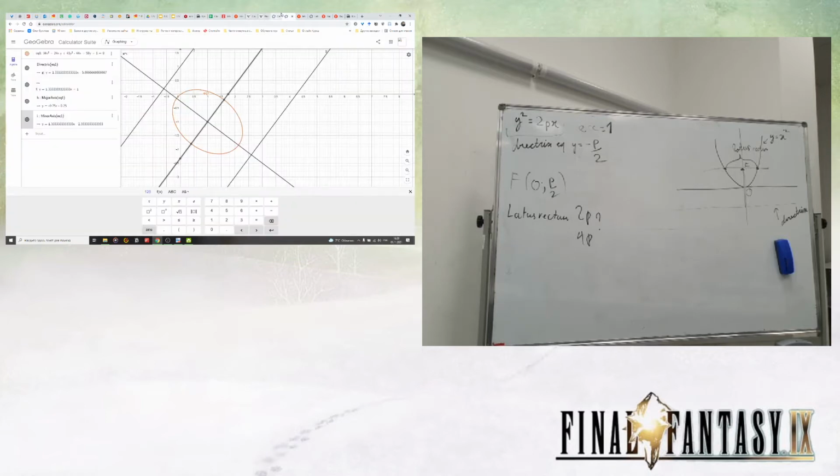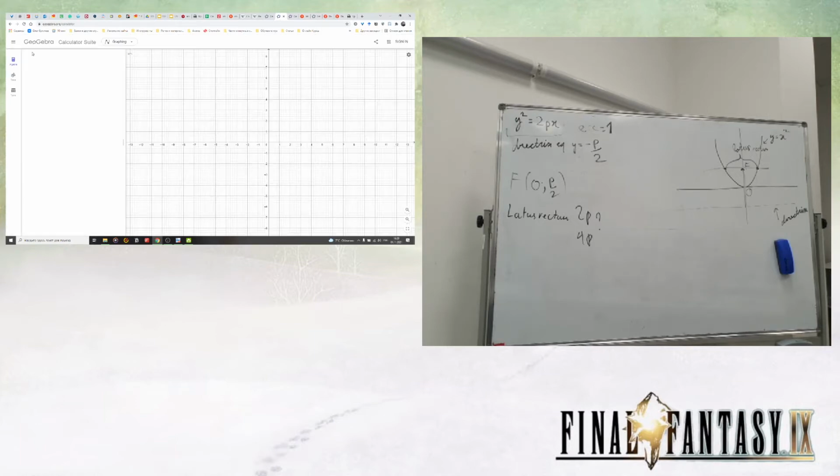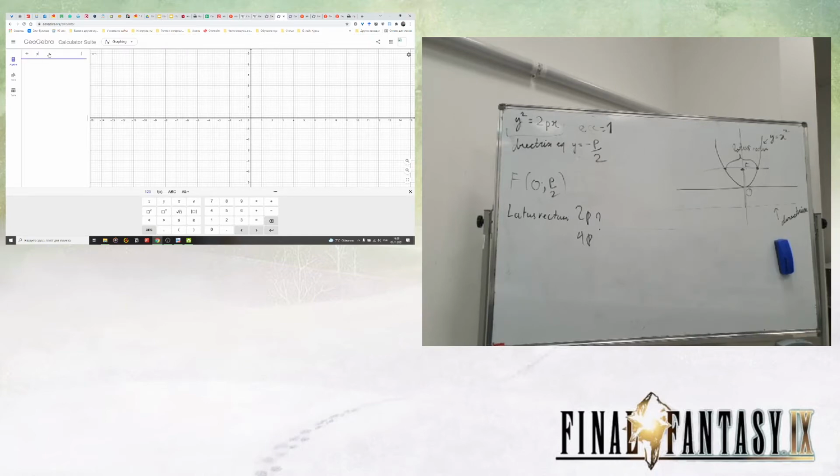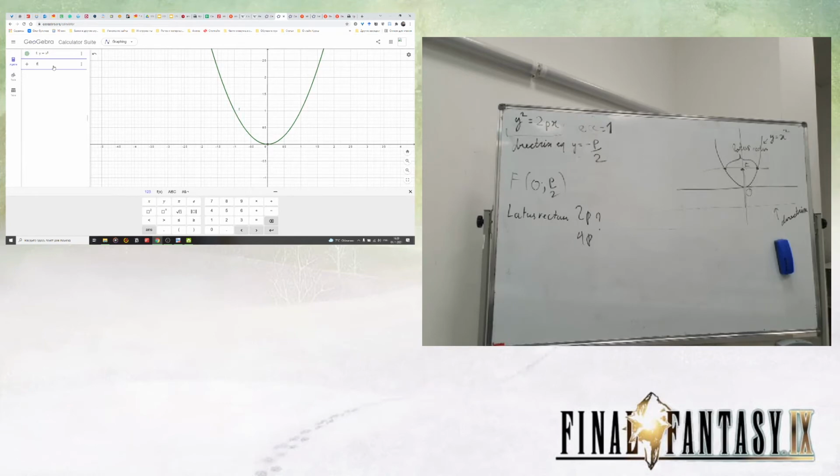So, how can we check it? Let's check it. So let's write y equal to x squared. Do you agree with this? We stated we wrote y squared equal to 2px. So focus.